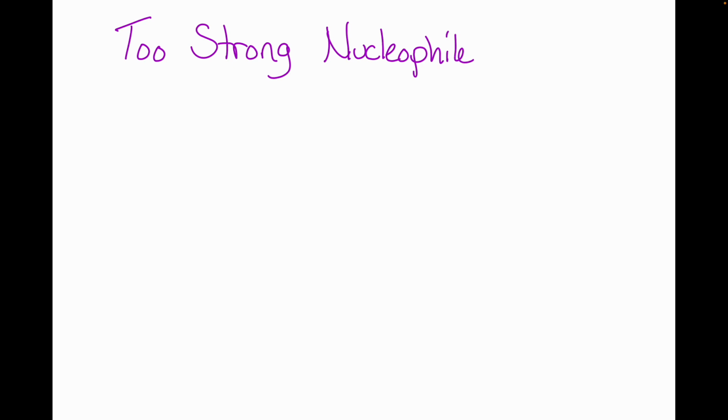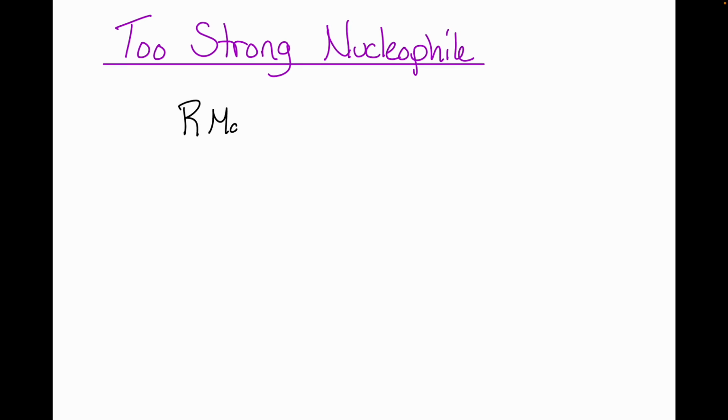All right, and let's just make note here. If we have too strong of a nucleophile, so for example, a Grignard reagent with the MgBr, or just a regular old enolate ion without being stabilized by two carbonyl groups, these are too strong of nucleophiles.